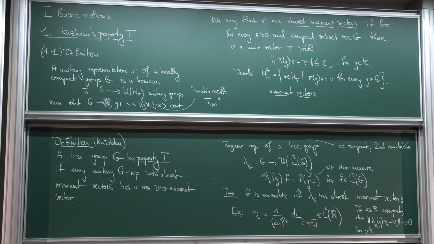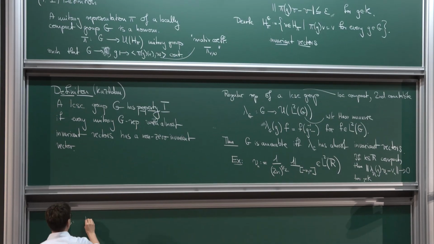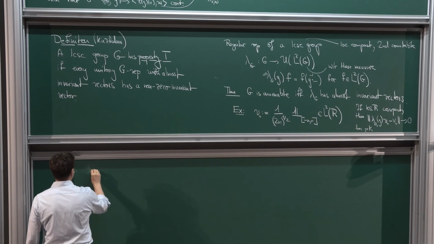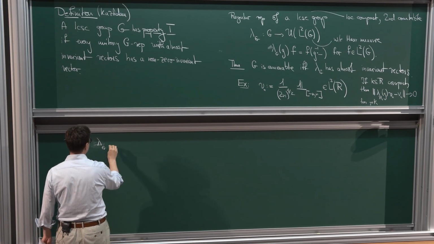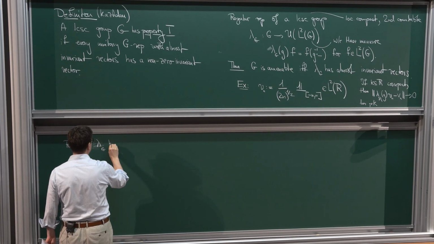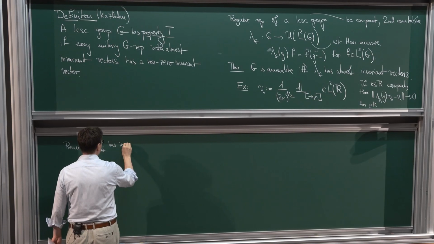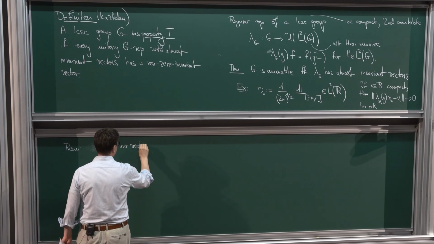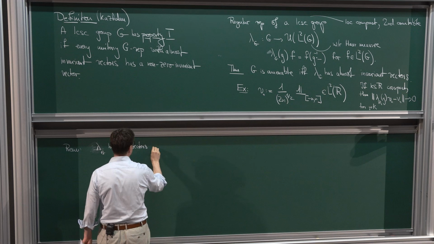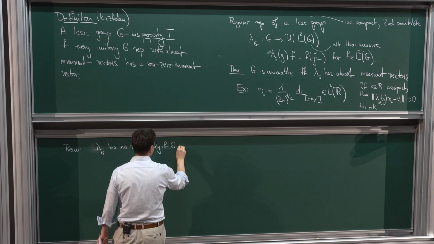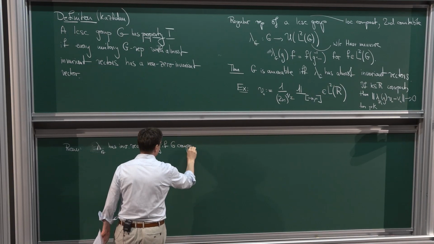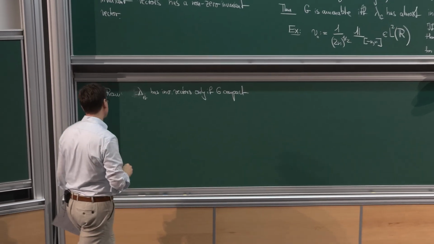Okay, so that's an immediate consequence. Let me write what I said: lambda G has invariant vectors only if G is compact, or finite again in the discrete case.